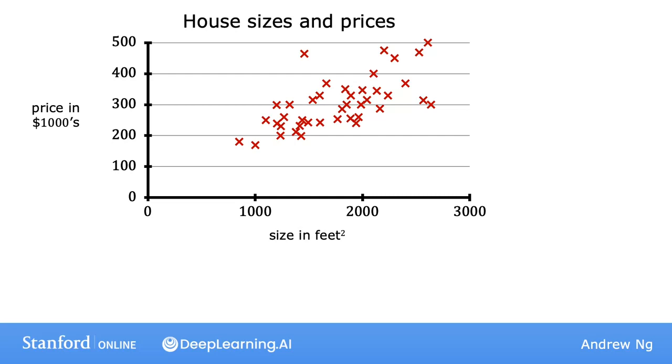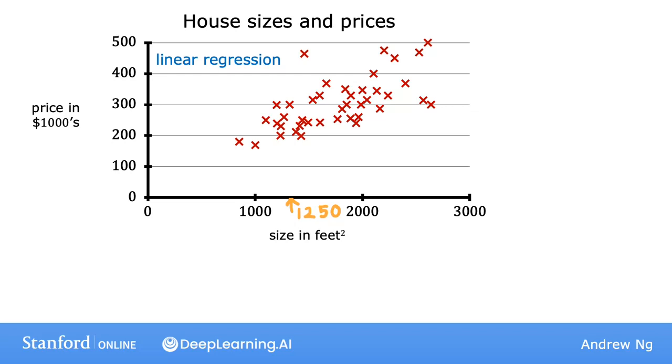Now, let's say you're a real estate agent in Portland, and you're helping a client sell her house. And she's asking you, how much do you think you can get for this house? This dataset might help you estimate the price she could get for it. You start by measuring the size of the house, and it turns out that her house is 1,250 square feet. How much do you think this house could sell for? One thing you could do is build a linear regression model from this dataset.